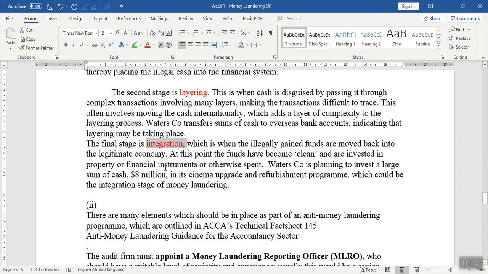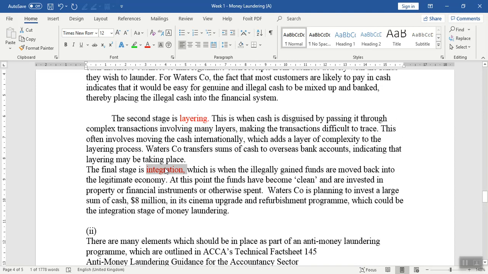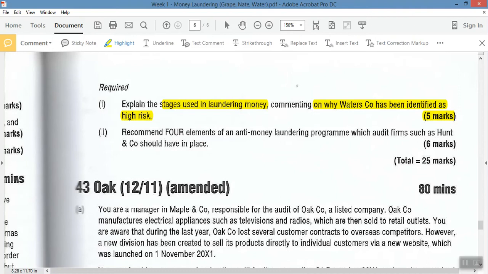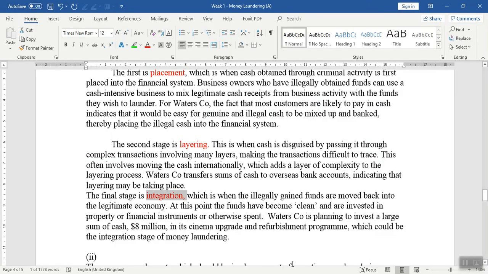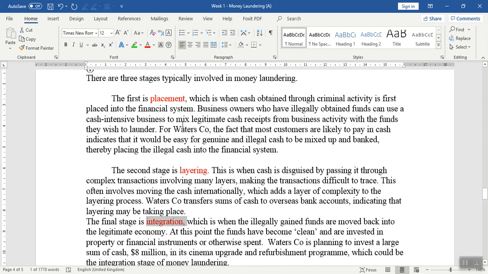Why high risk? Because of the cash-based nature, and because they transfer the cash overseas on a regular basis. So these 2, if you write, you can get another 2 marks. You can see now they're applying here.